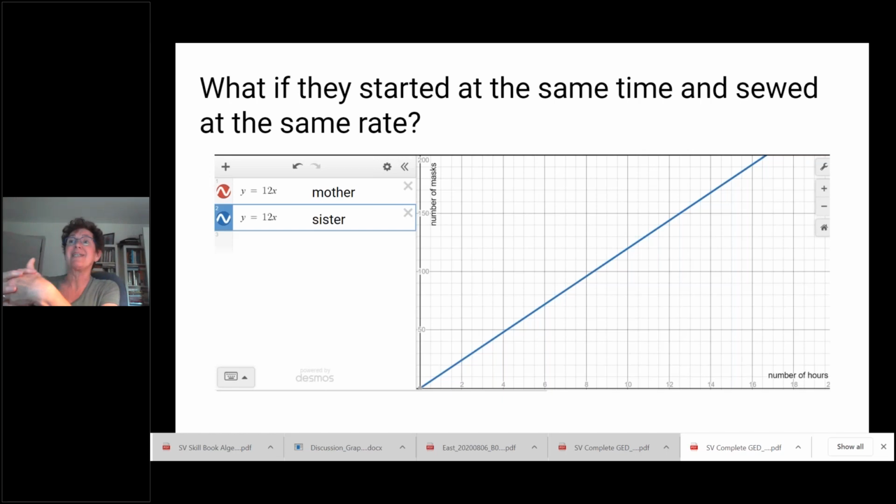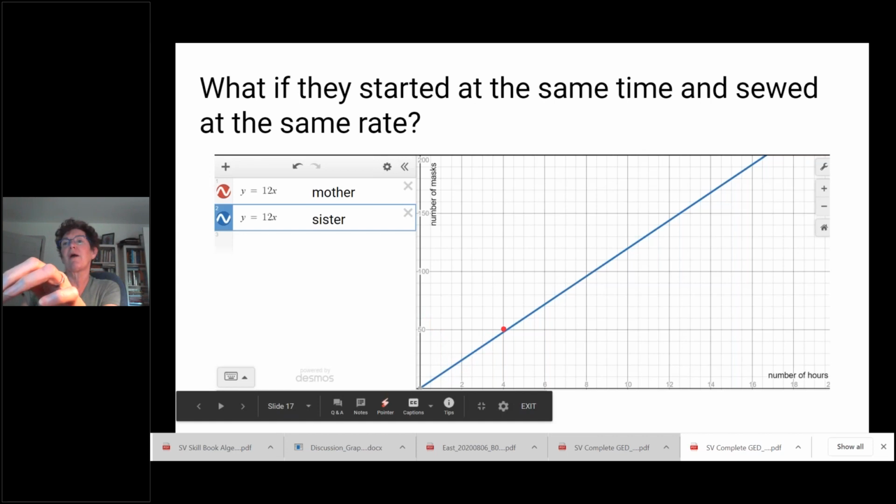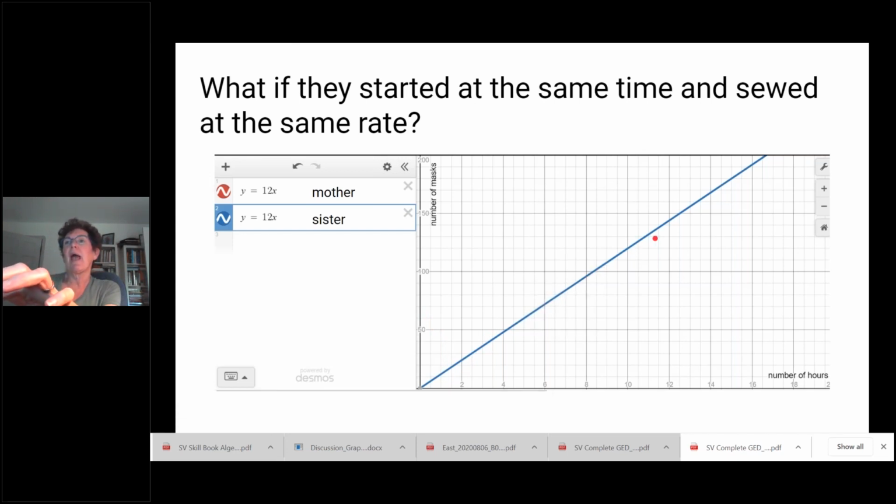And we call that having an infinite number of solutions, because no matter which point you pick out on here, whether it's after 2 hours or 4 hours or 6 1/3 hours or 10 3/5 hours, it doesn't matter what number you pick. If you substitute in for x on both of these equations, of course, you're going to get the same y. So we call that having an infinite number of solutions.